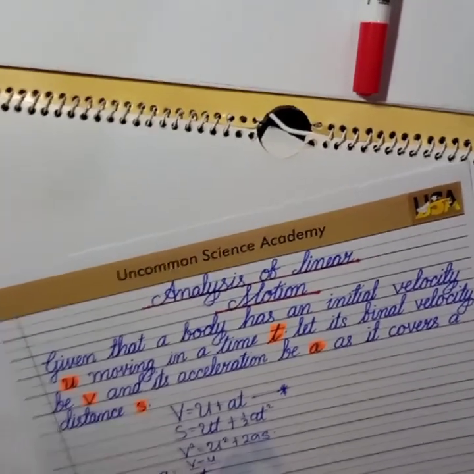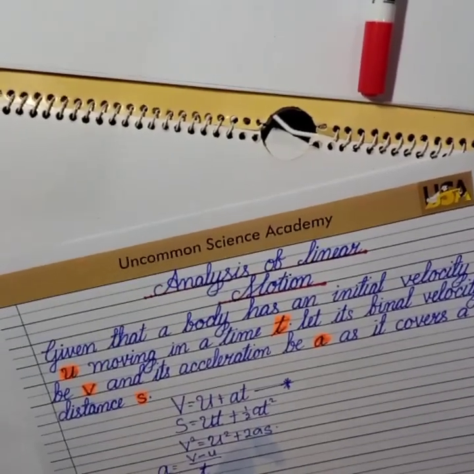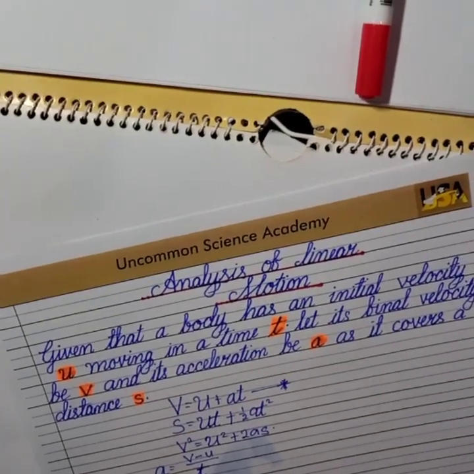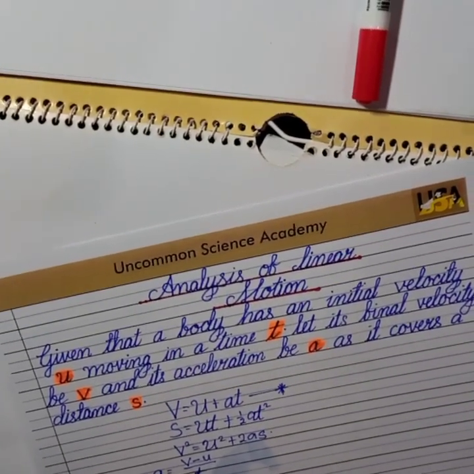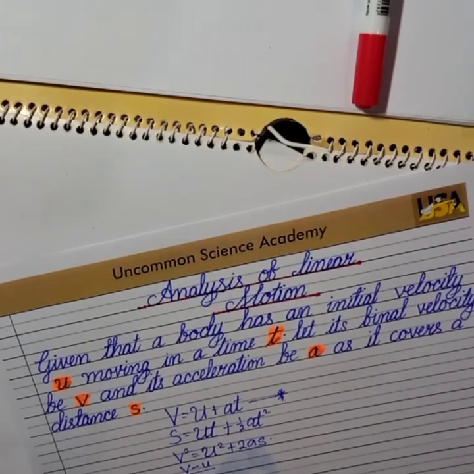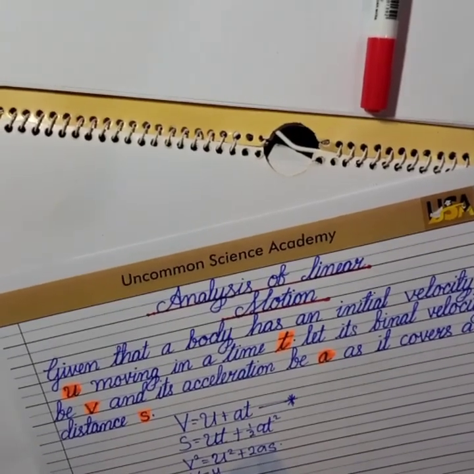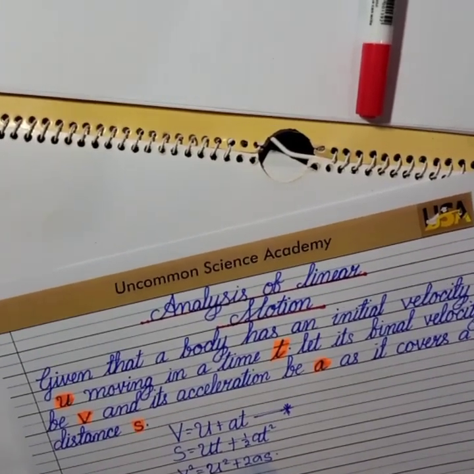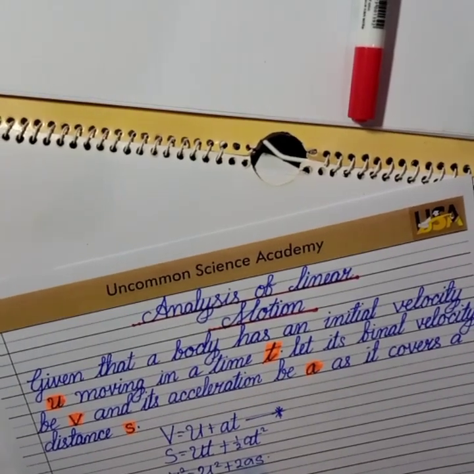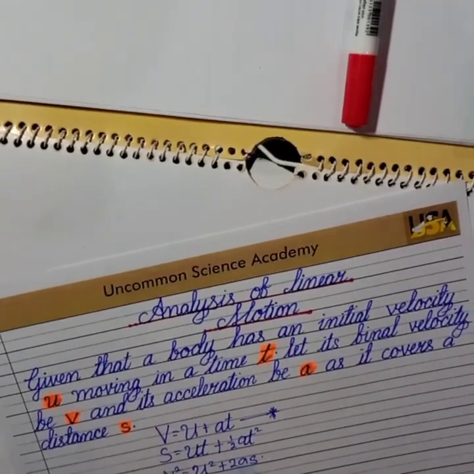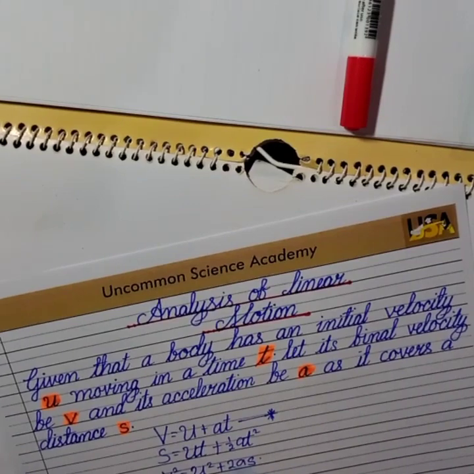Now, I have to make V the subject of the formula. So, I will have to take u to the other side, or you add u to both sides. So, we have that V equal u plus AT. And this gives us the first equation of motion.